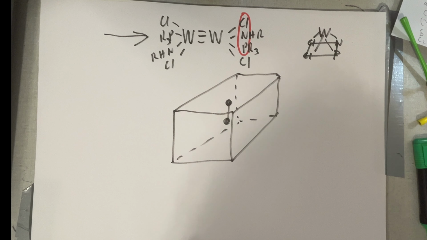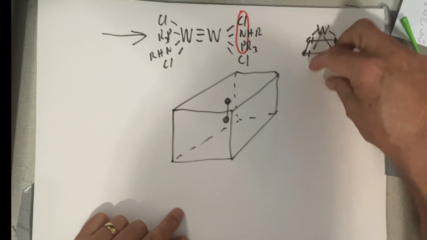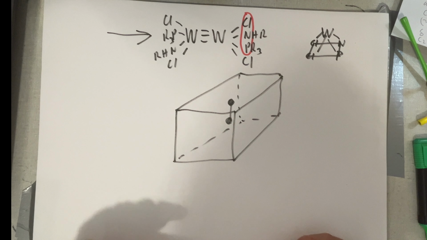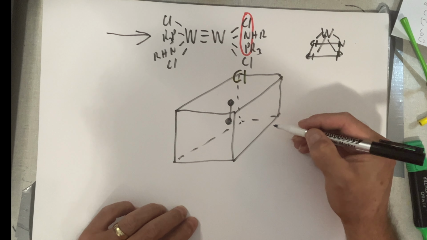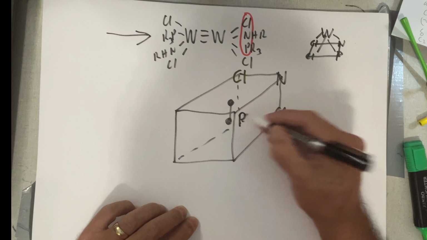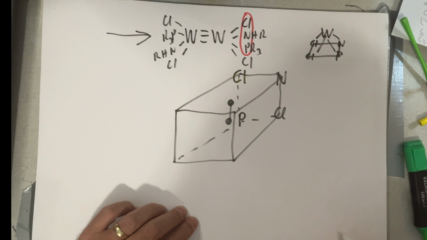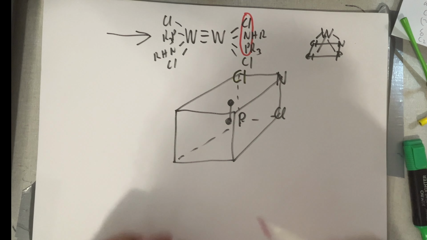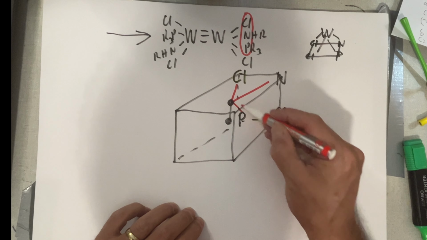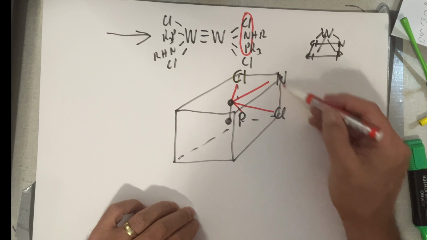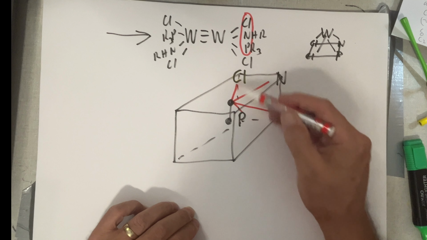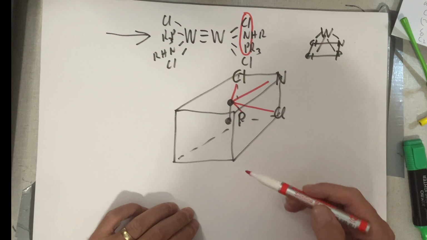And so what happens is it projects to the side of the cube in each case. Chlorine, you can have a nitrogen, chlorine, and a phosphorus. So it means that each of the tungsten atoms here is now bound to these four donor atoms that sit on the face of one of the cube.